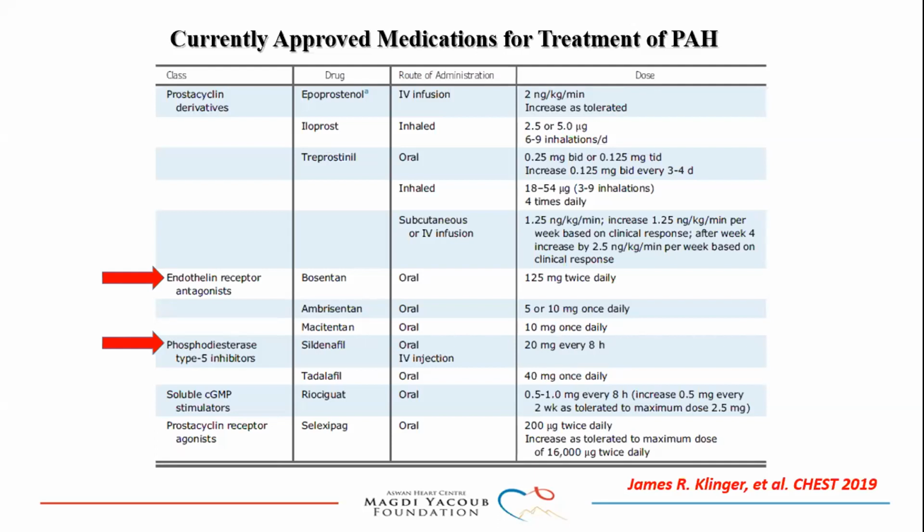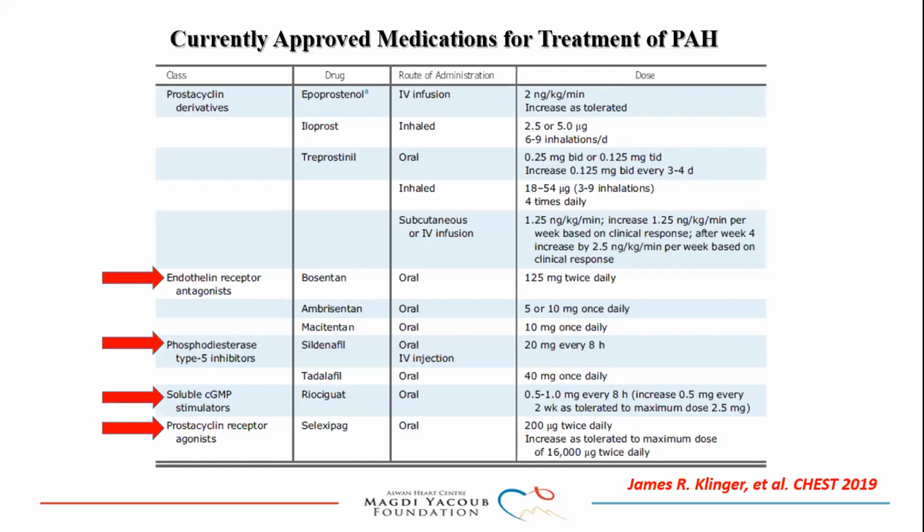The only side effect reported with it was anemia, but it occurred in just 4% of the patients. Next is selexipag, which is an orally available prostacyclin receptor agonist. It showed a good benefit as an add-on therapy for intermediate risk patients.